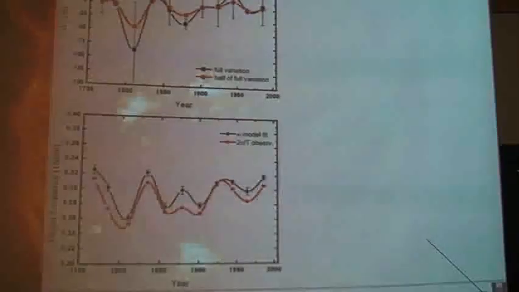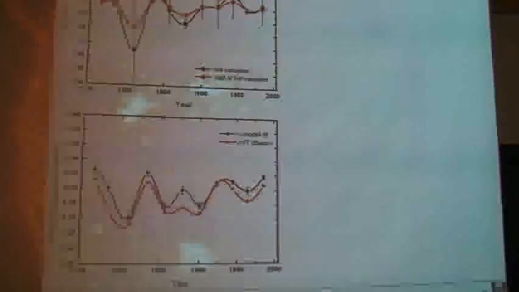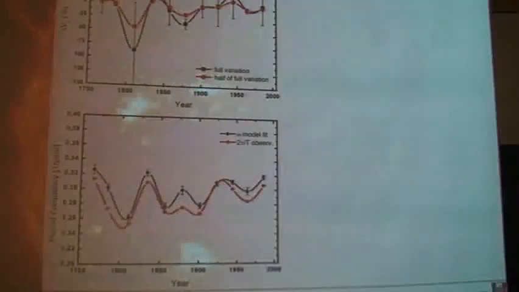The red curve is only considering half of the variation. Just to see if the model is giving something that could look like reality, one thing that we can physically measure is the period of the cycles.